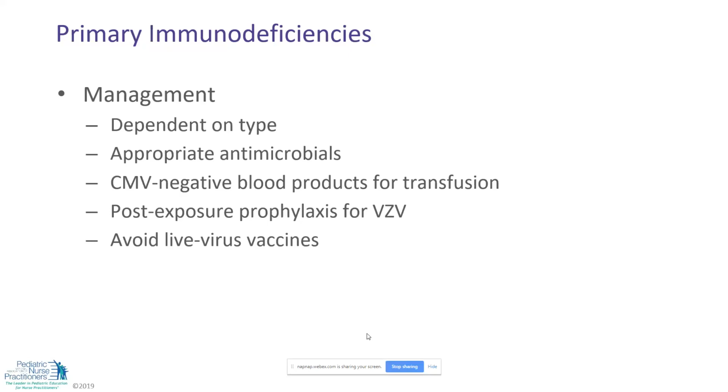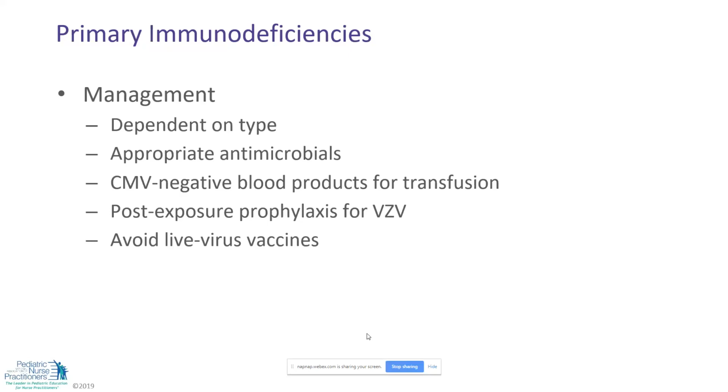Additionally, you would want to consider whether or not patients require post-exposure prophylaxis. So while most of the population, if exposed to VZV, wouldn't require intervention by us, some special counseling may be required for those patients. And then remember that it's so important to avoid your live virus vaccines.